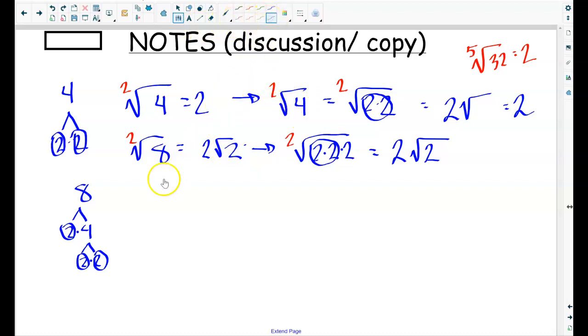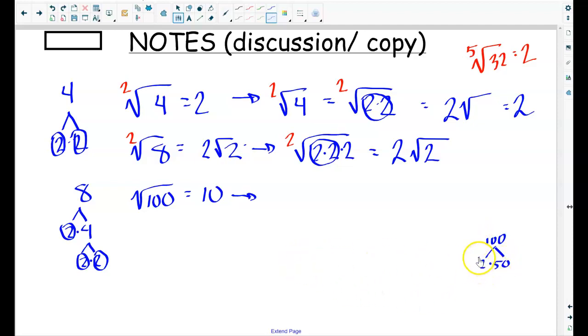Let me do one more here. You know that the square root of 100 is 10. Let me write small to make some room. 100 is 2 times 50.